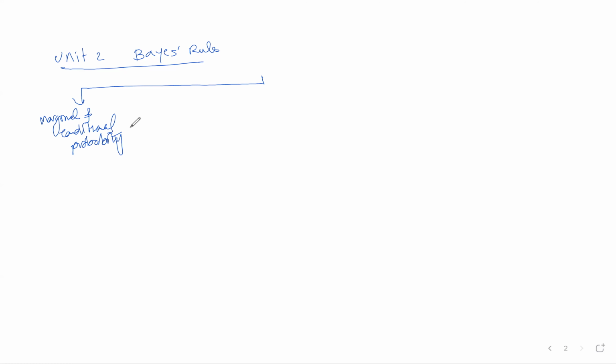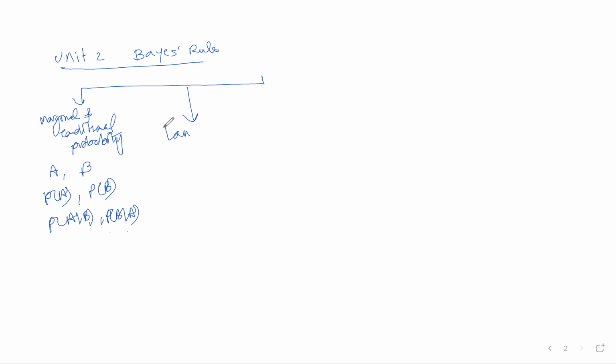If we have two events, A and B, the probability of A is called the marginal probability, and the probability of B is called the marginal probability. But the probability of A given B happened is called the conditional probability, or the probability of B given A happened is also called a conditional probability. So we talked about marginal probability, conditional probability, and then we talked about something called the law of total probability.